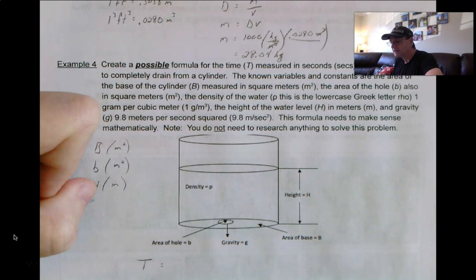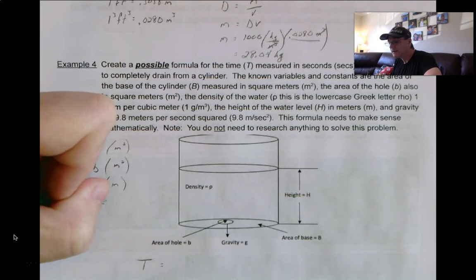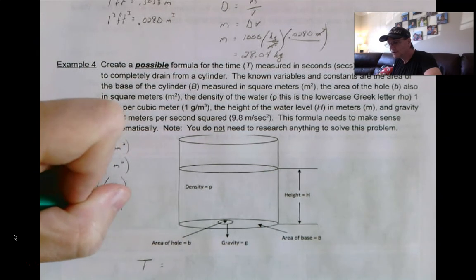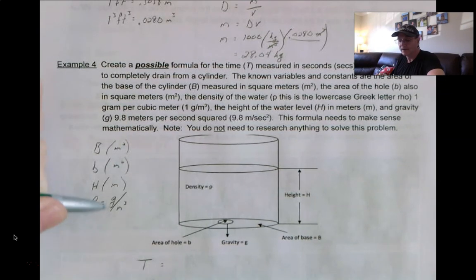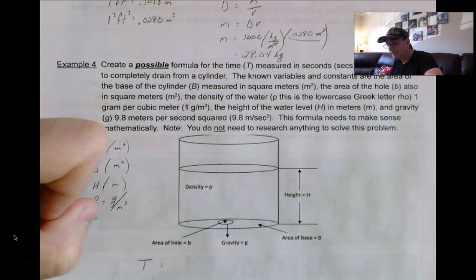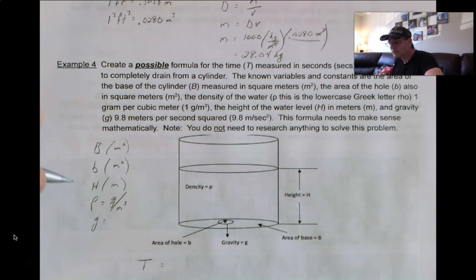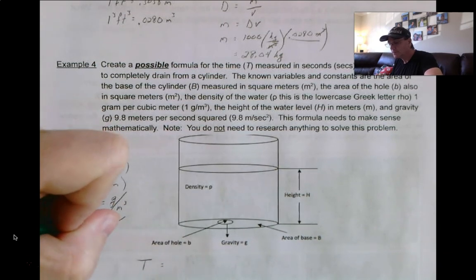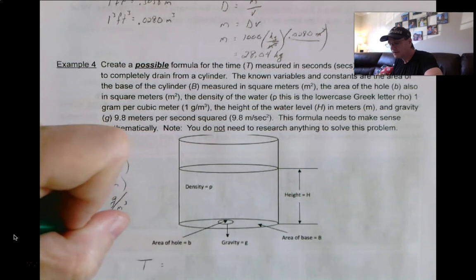We have density, rho, measured in grams per meters cubed. We're doing grams this time, not kilograms. And we have gravity, which is measured in meters per second squared.